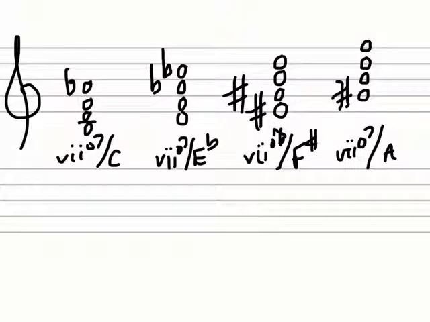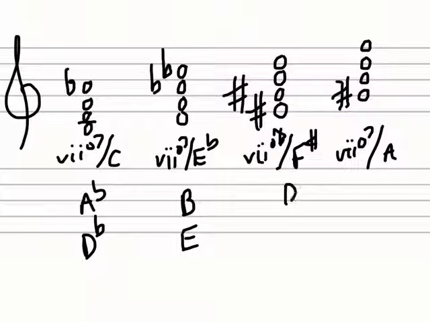What we would find out when I add the keys of A flat and D flat, this one would add the keys of B and E. This one would add the keys of D and G. And this one would add the keys of F and B flat.